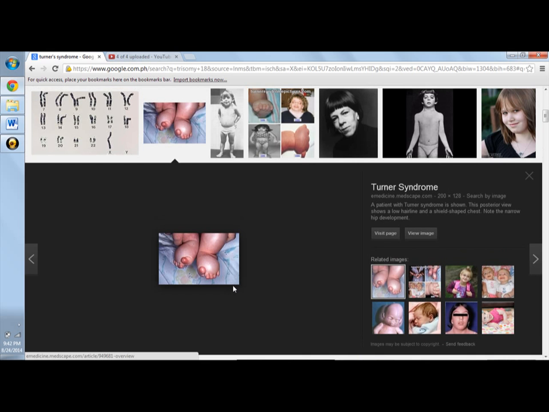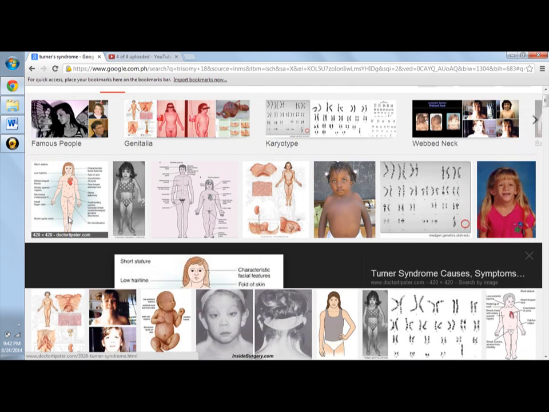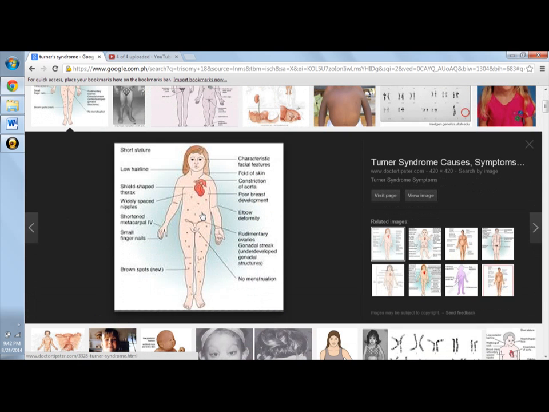A patient can also present with hypothyroidism, hydrops fetalis, and poor breast development with a broad chest and wide-spaced nipples. It's not shown here, but some of them may present with a low posterior hairline, and can have pigmented nevi. Here, these are brown spots or nevi.